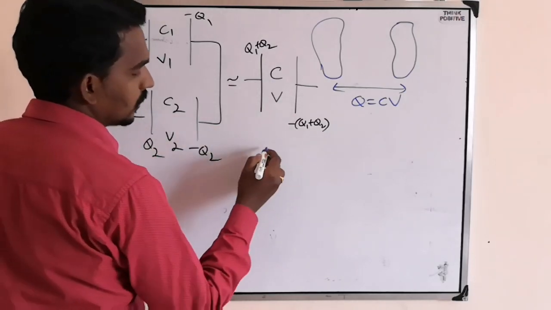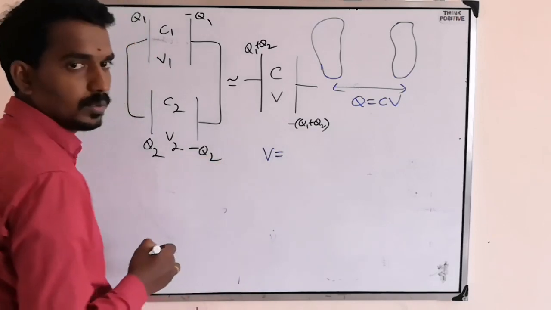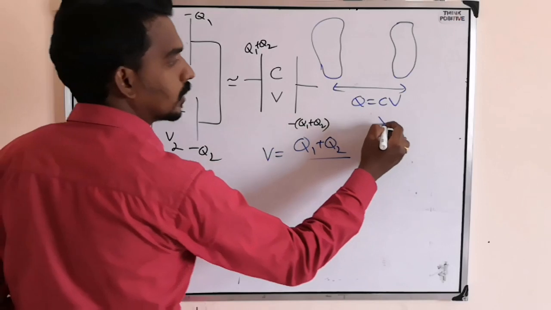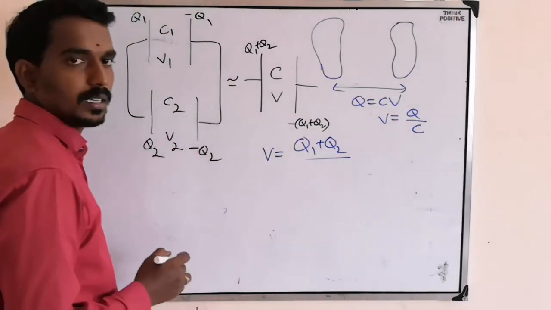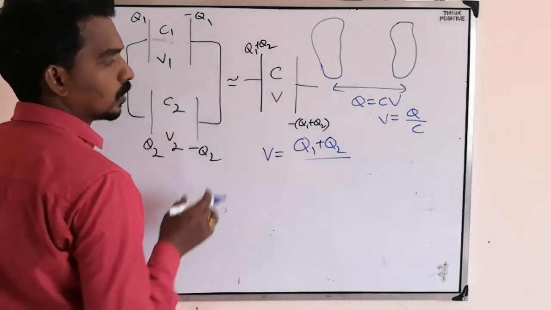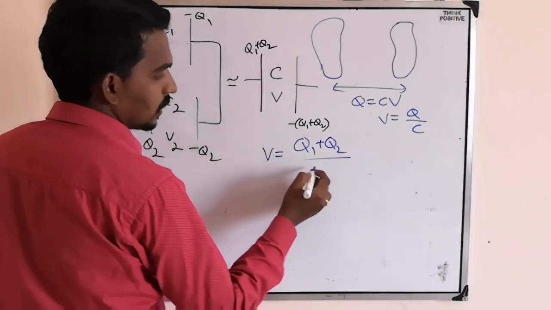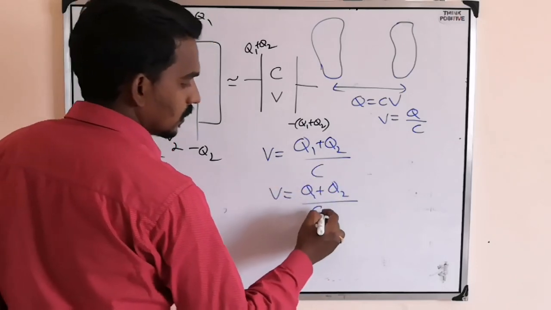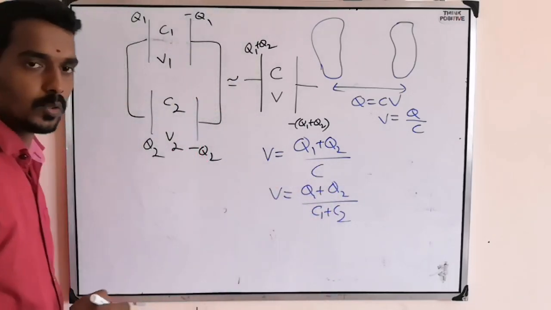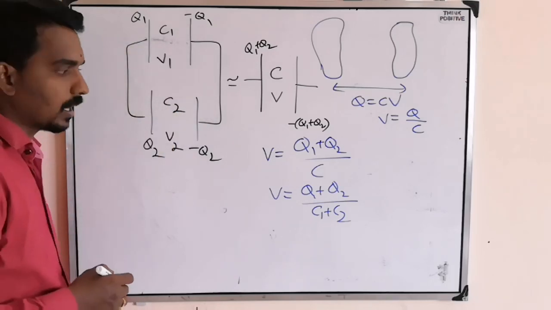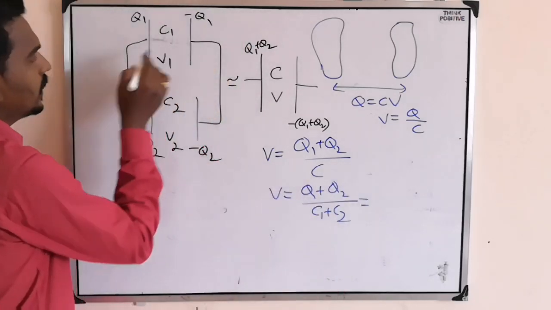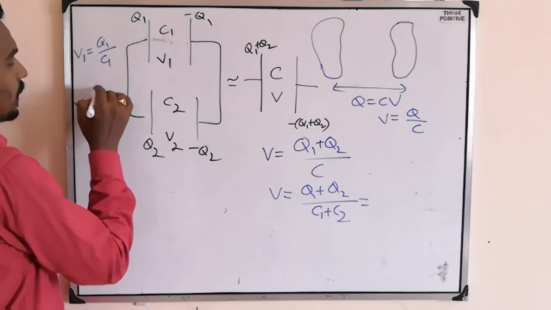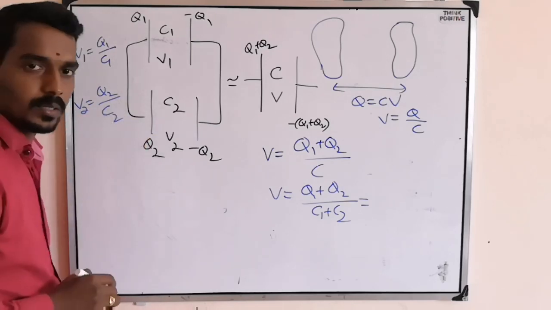Then here V equal to Q1 plus Q2. According to this, V equal to Q by C. So Q1 plus Q2 by C, where C is C1 plus C2 because they are connected in parallel, where the initial potential differences are Q1 by C1 and Q2 by C2.